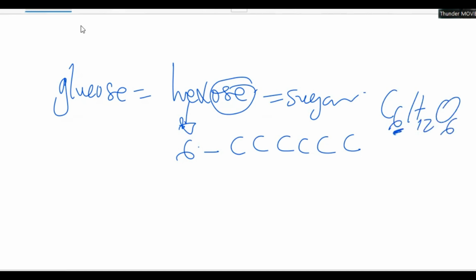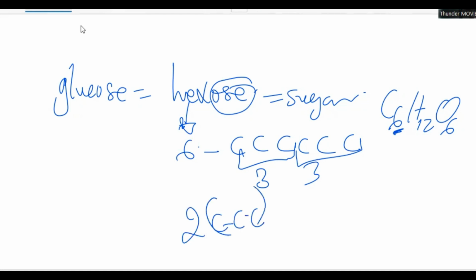During the process of glycolysis, the 6 carbon atom molecule is divided into 3 carbon atom molecules. Basically, you form 2 molecules of 3 carbon atoms. This 3 carbon atom molecule is called pyruvic acid or pyruvate, depending on how you want to call it.